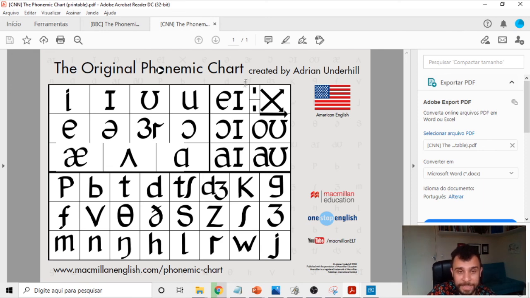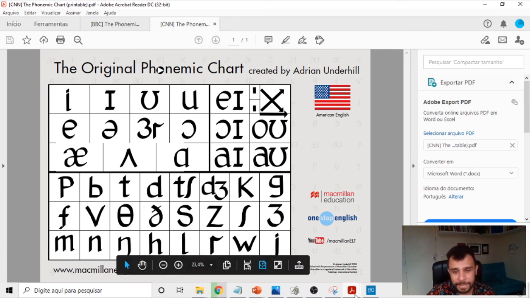And we will understand why a bit better in the other video. But let's check the difference. This column here is exactly the same as BBC. Now in this column here, the difference is that instead of saying oh, as in no, the sound is a different one. Other than that, exactly the same.